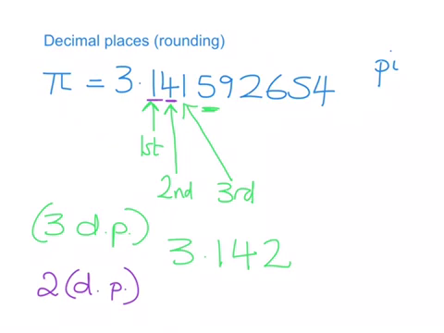And then I would look at that 1, and the 1 is not strong enough to increase the value of this digit here, so that would become 3.14. So the value of pi correct to 2 decimal places is 3.14, because the next digit would have been a 1, which is low.